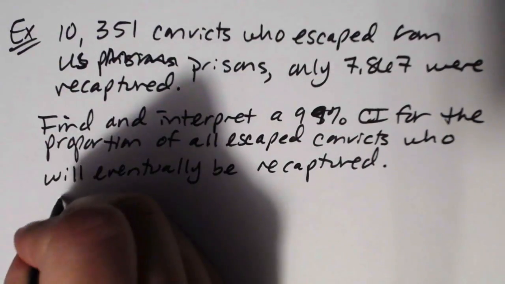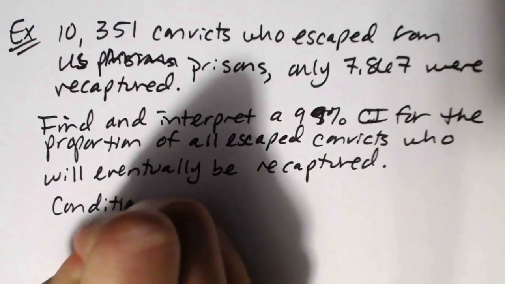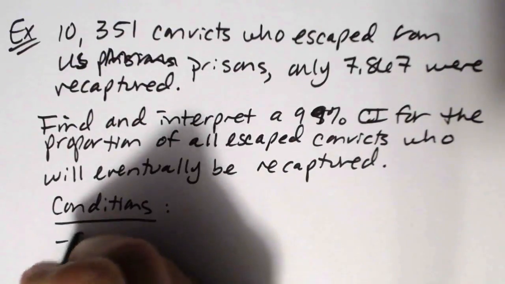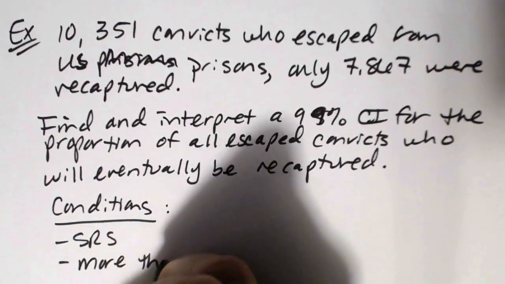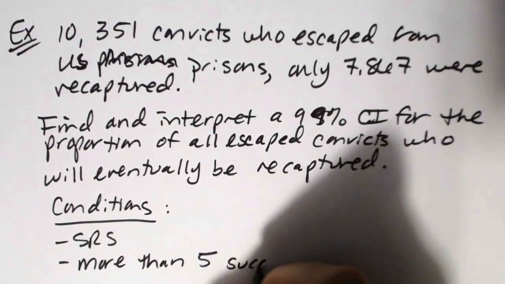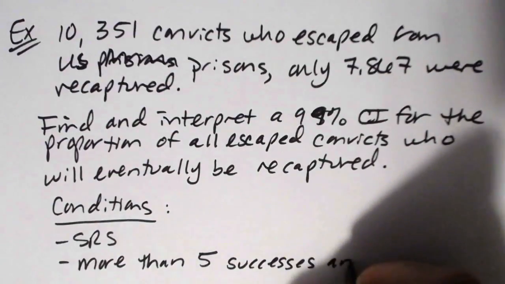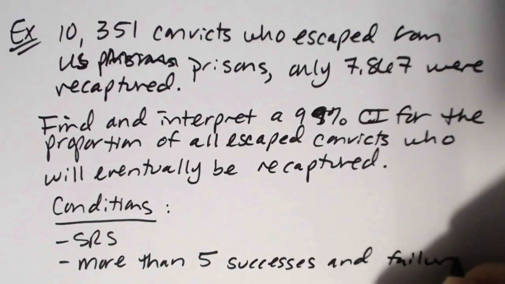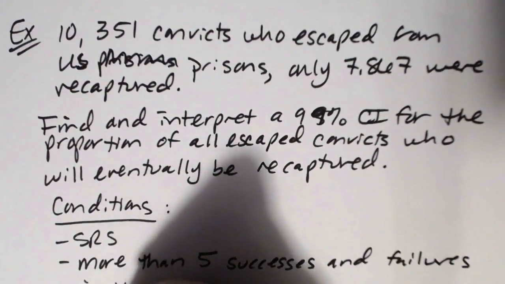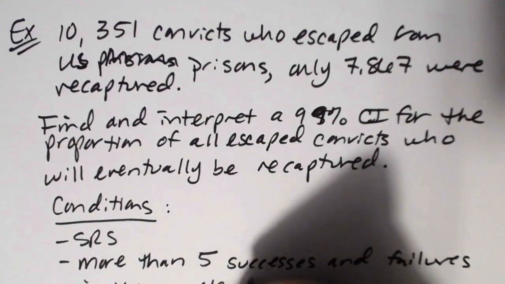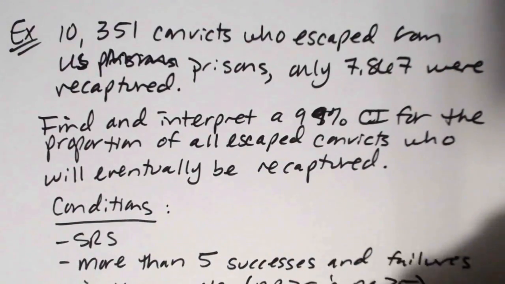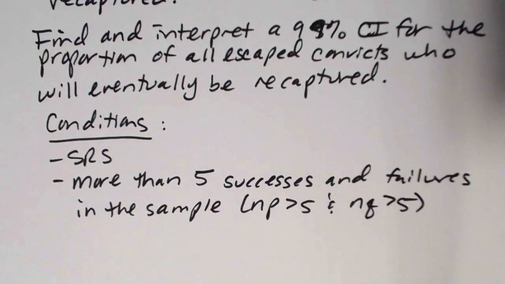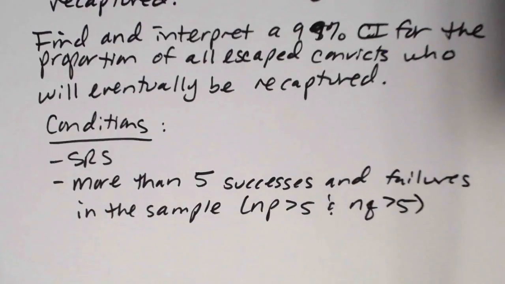First, we need to check our conditions. Again, we need a simple random sample, and we need more than 5 successes and failures in the sample. And this is to satisfy that np greater than 5 and nq greater than 5 criterion. Okay, so it doesn't actually say in here that I have a random sample.